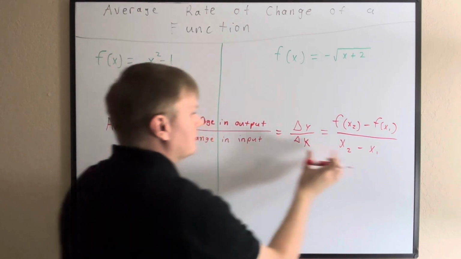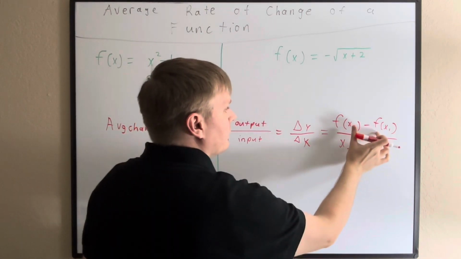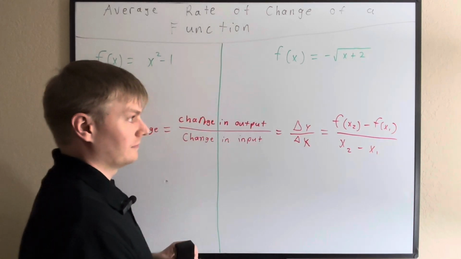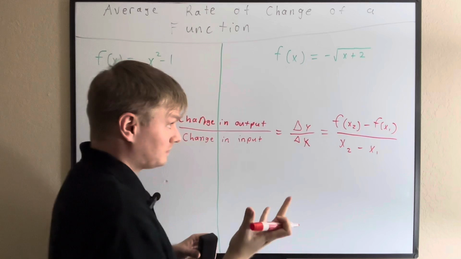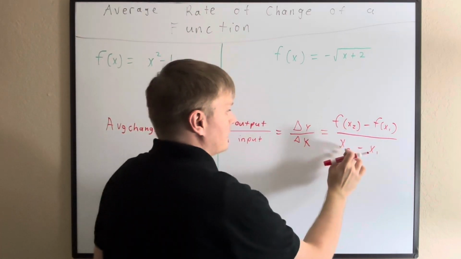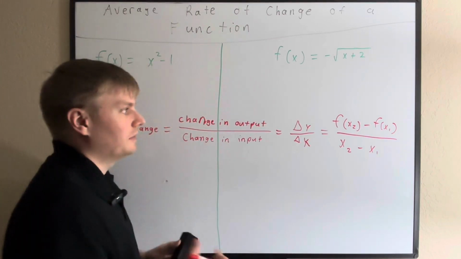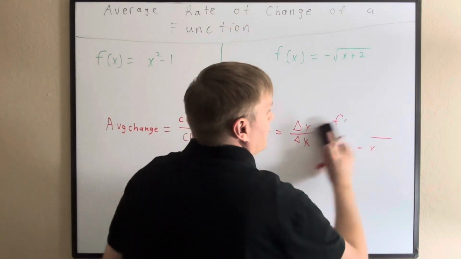They're still in the domain of our function, but they're different numbers, and we're going to have different outputs for those numbers, and you usually have different outputs. Maybe they're the same, but it's going to be the output based on the input x sub 2. If you don't know what I just said, maybe it'll become more clear when I actually do a couple examples.